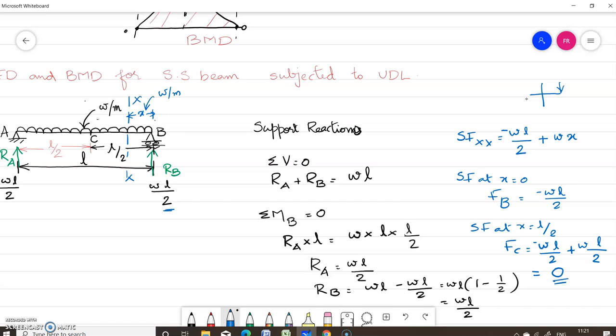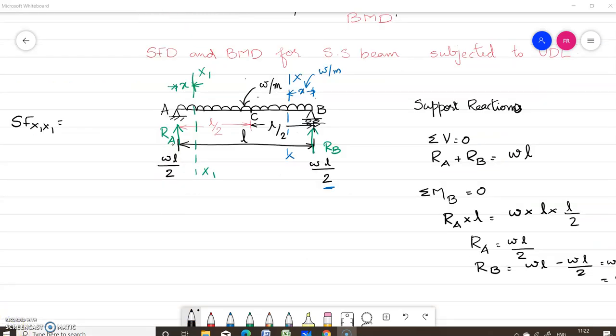Now let us take another section line. Consider a section line x1 from the left support. The shear force at x1 is equal to WL by 2. Our concept is right downwards is positive, so left upwards is positive, plus WL by 2.